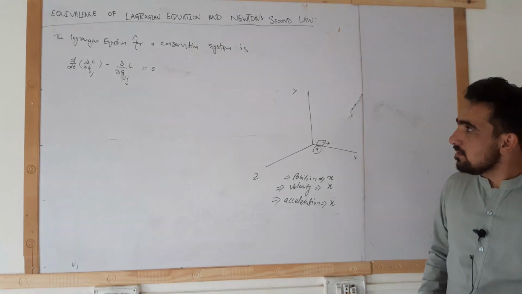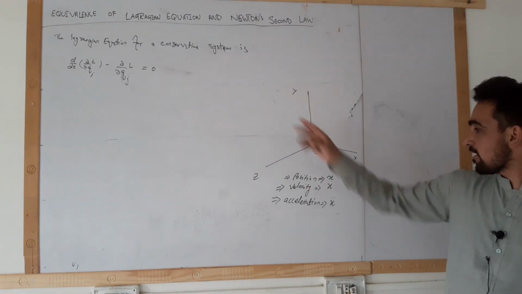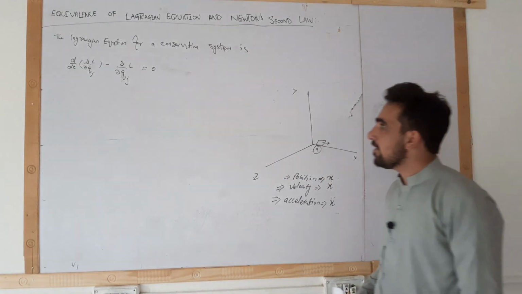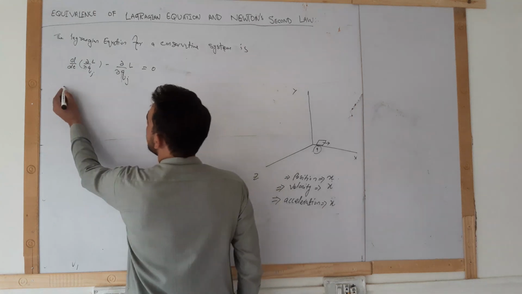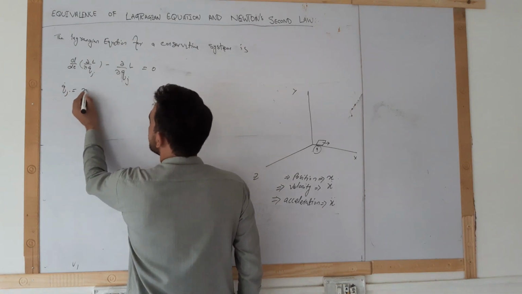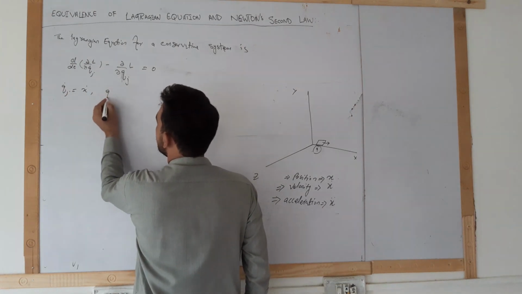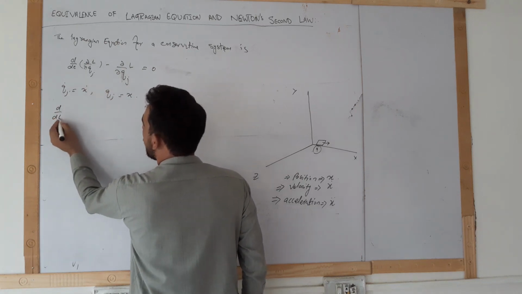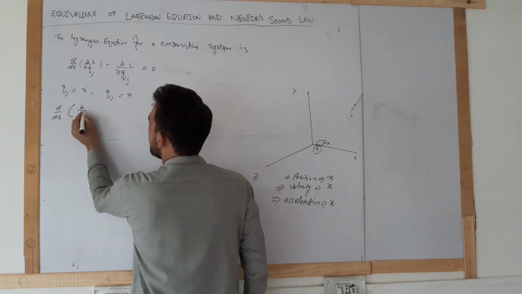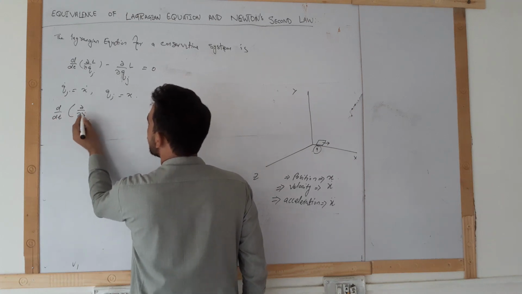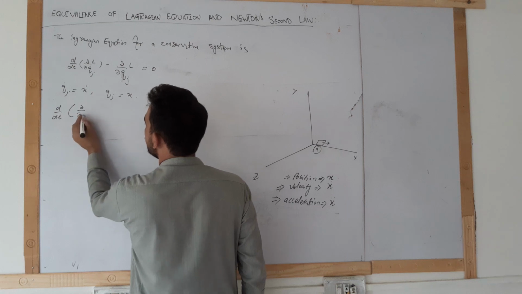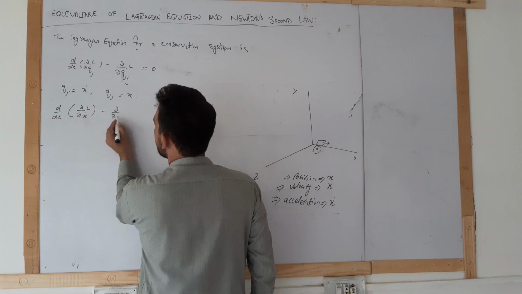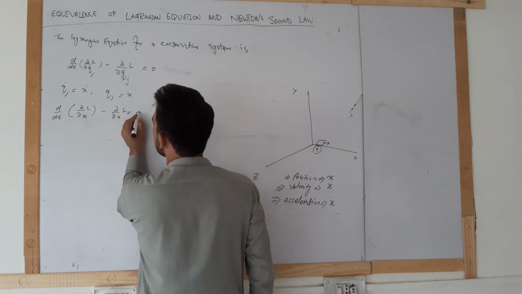Now let us change these generalized coordinates into our Cartesian coordinate system, and we have q j dot is equal to x dot and q j is equal to x. So d by dt of partial by partial x dot of L minus partial by partial x of L is equal to 0.